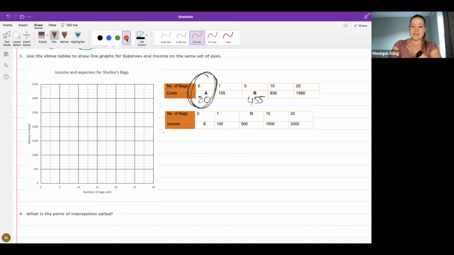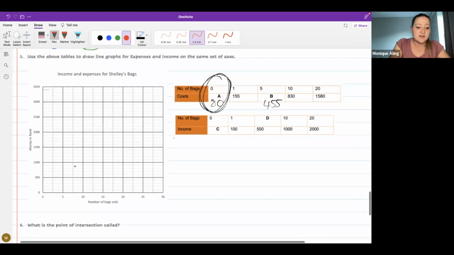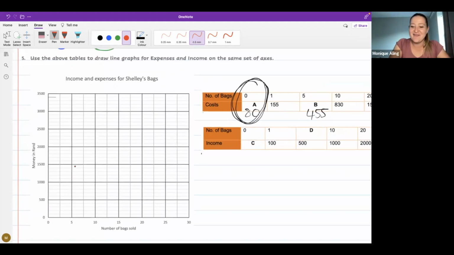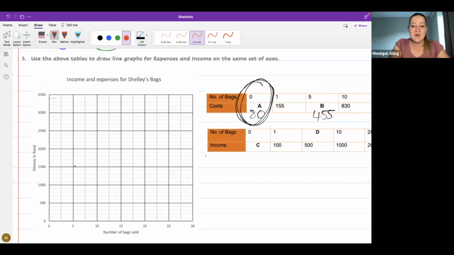So I'm going to do expenses in red because, yeah, expenses are ugly. So to do our first point, we look at number of bags, which is at the bottom, and where 0 is, so it's over here, and the amount at 0, which is 80.